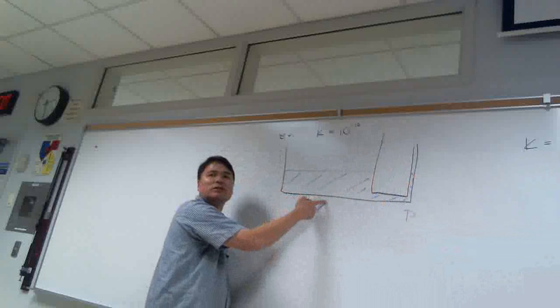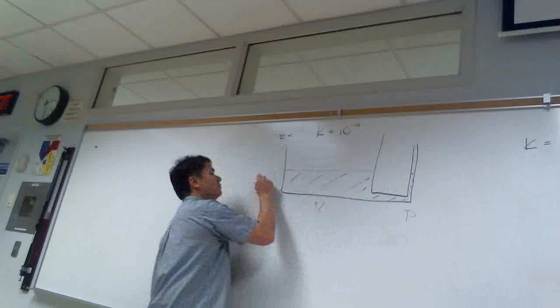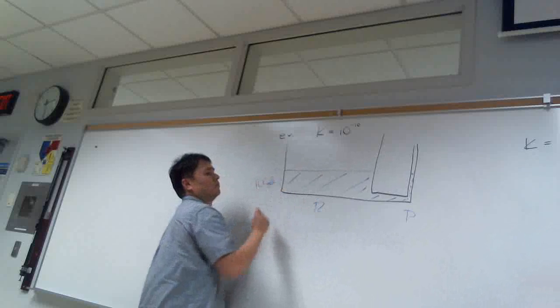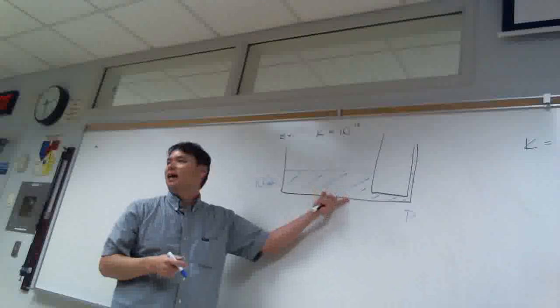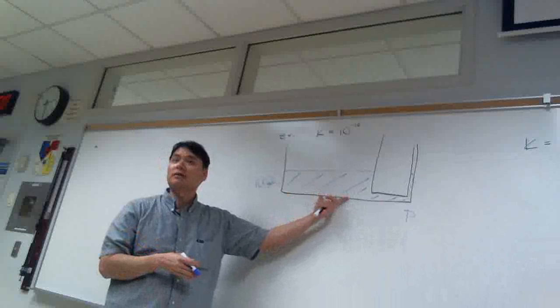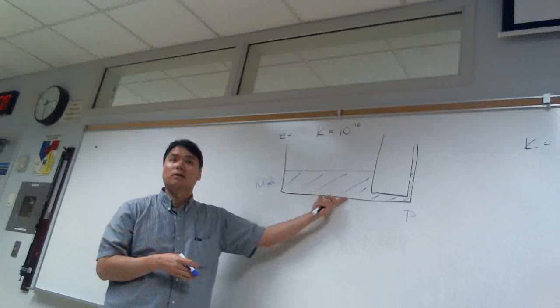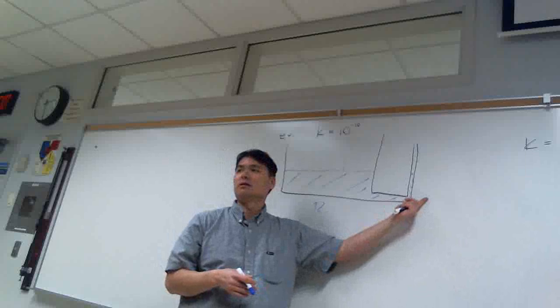Most of the water is over here, right? And so let's say we have 100 gallons of water total. Then I would say 99.99999% of the water is over here, right? And then a very small percentage of the water is over here.